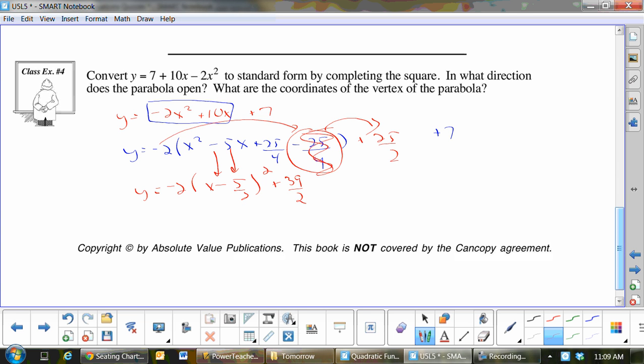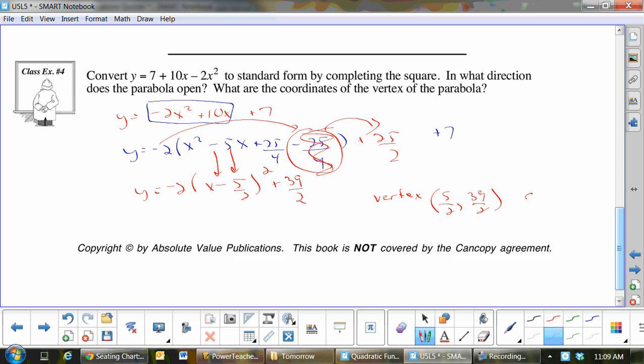What would be the vertex? 5 over 2, 39 over 2 positive, because it's x minus p squared plus q. So whatever comes after the minus sign for the first one and after the plus sign for the second one. Would this be going up or down?